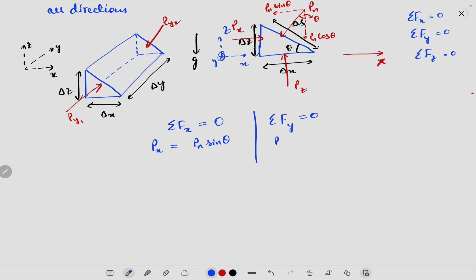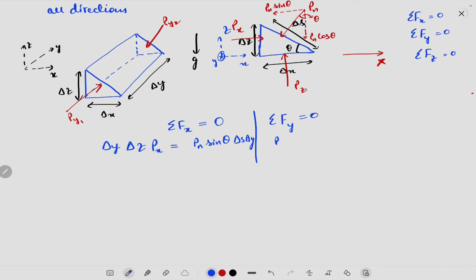What is the area of this surface? This is simply delta y times delta z. And Pn sin theta is acting on this surface. What is the area of this surface? This is delta s and this is delta y, so the area would be delta s times delta y.